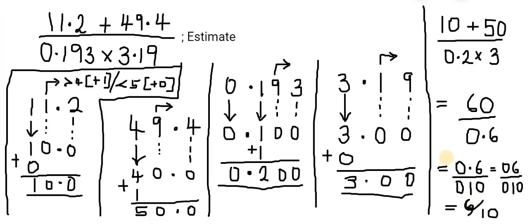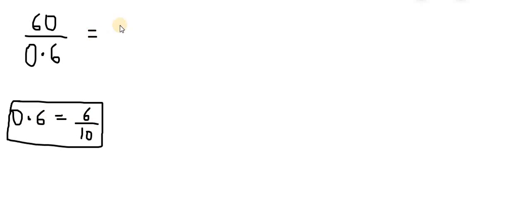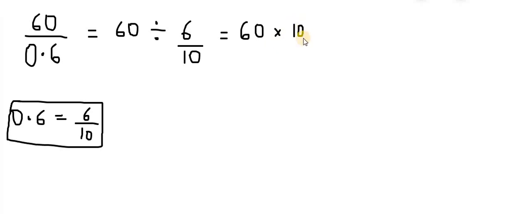Okay, now what we're trying to solve is 60 over 0.6. Now we know 0.6 as a fraction is the same as 6 over 10, so we have 60 divided by 6 over 10, and the way to solve this is: it's 60, change the sign, flip the second fraction, that's 10 over 6.